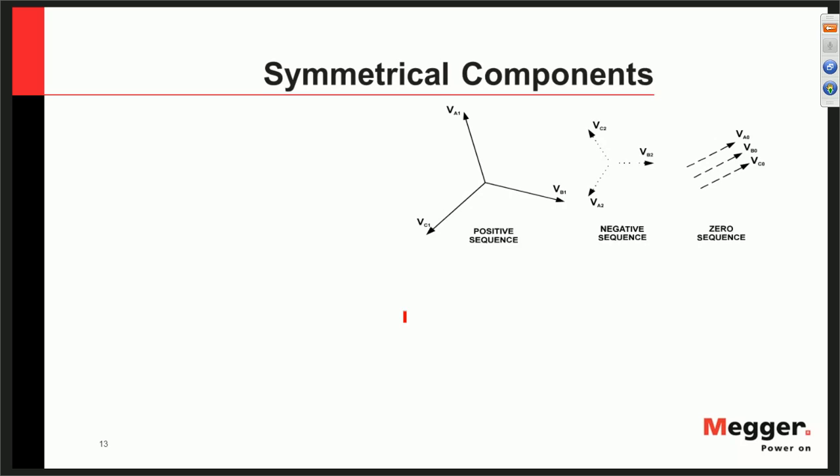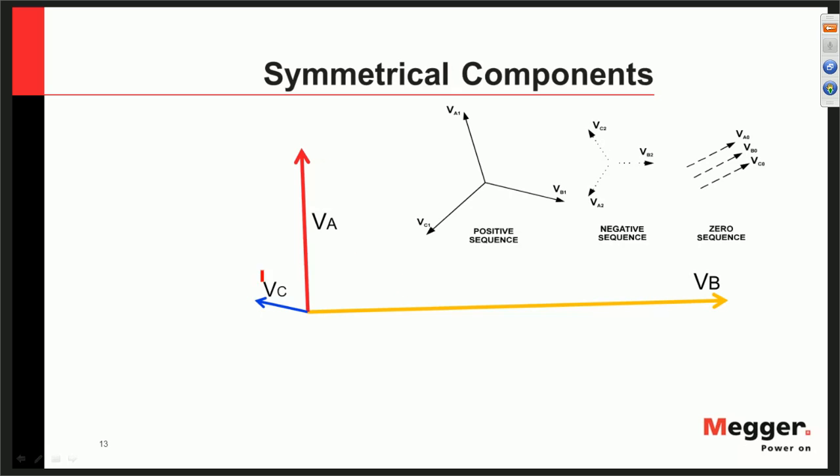So this is how it was done. Let's take, for example, this is my unbalanced system. I have my phase A voltage, phase B voltage, and phase C voltage, and it's all unbalanced. Let's add the positive, negative, and zero sequences in order to get this unbalanced system.